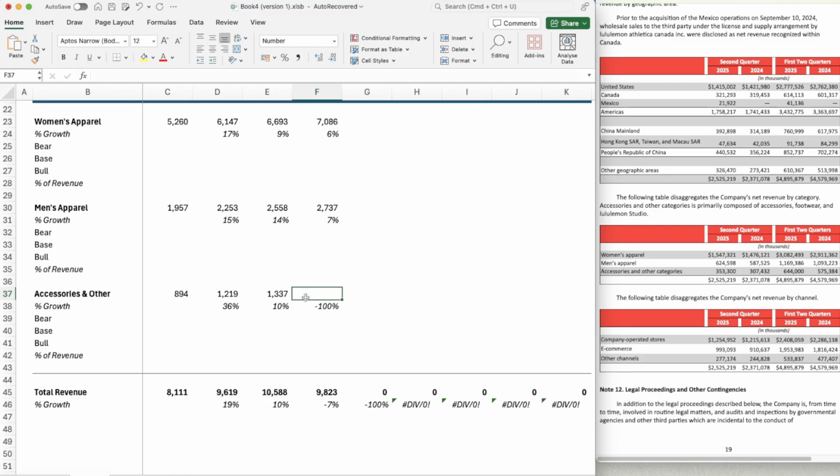We have to be careful on this one because we're not going to assume that it's going to be doing, actually I think it might come out as a fairly sensible growth rate, but let's see. So 1337, 575, 0.384, 2.32.